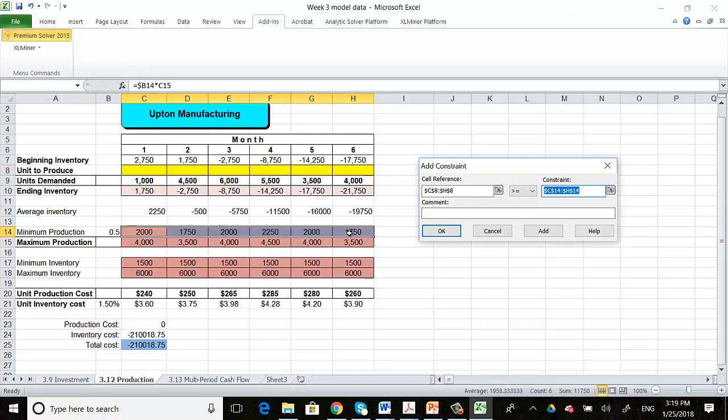So the first group is your decision variables greater than or equal to the minimum production. Add the same decision variables, less than or equal to the maximum. That's the second. Third one, change it to the ending inventory, greater than or equal to the minimum inventory level.